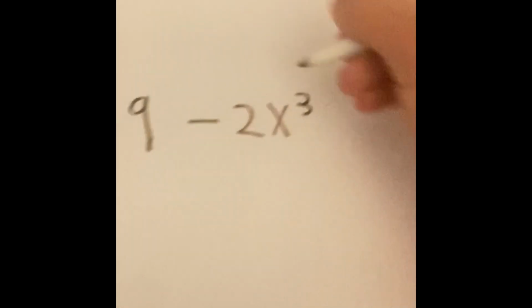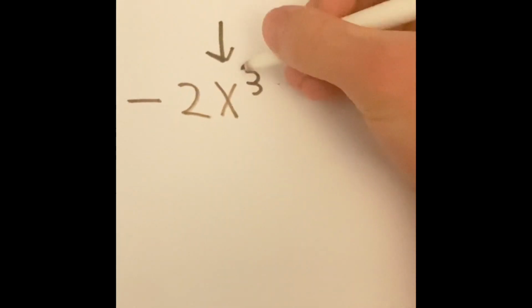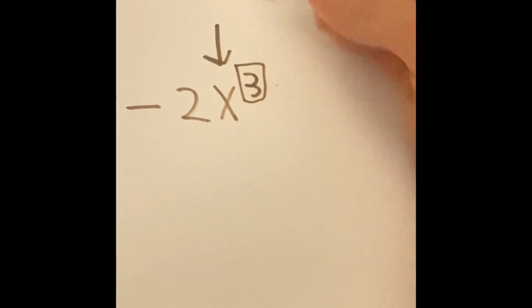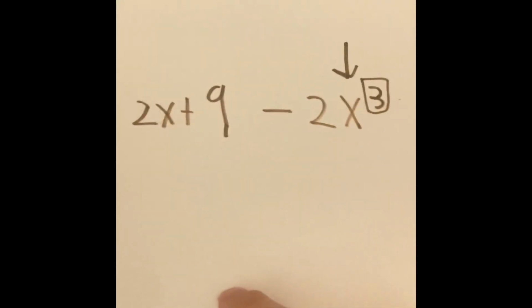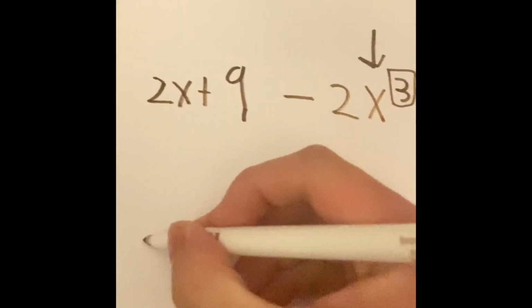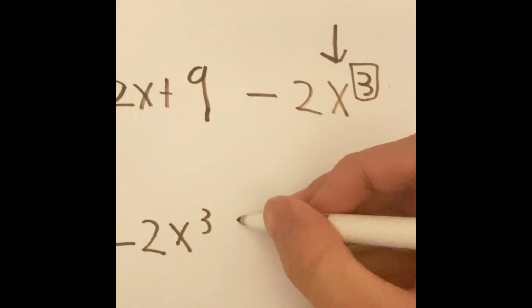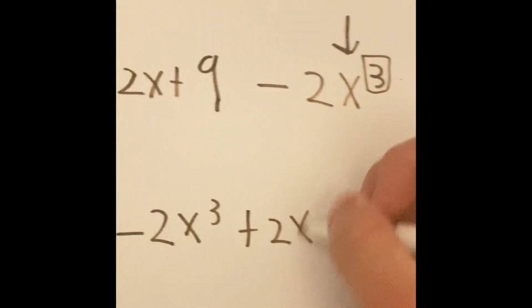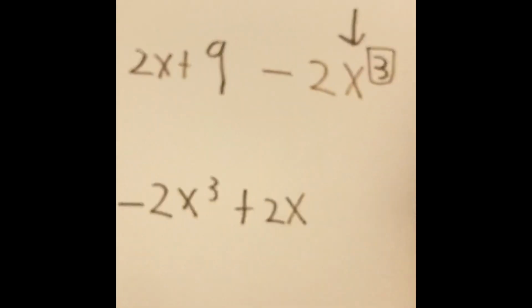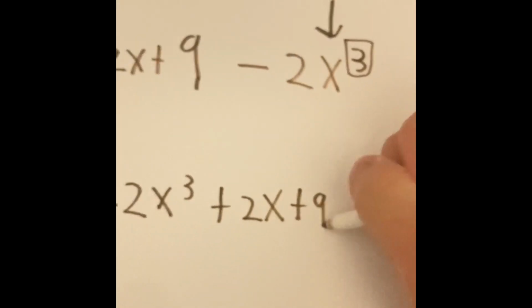The first thing we have to do is this one, because it has an exponent. Having an exponent on a variable is what makes it come first. So we're going to write negative 2x cubed plus 2x, because that's the next variable, plus 9.